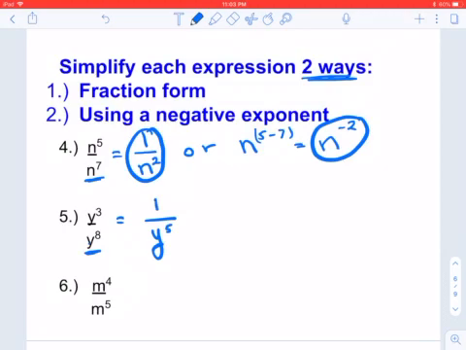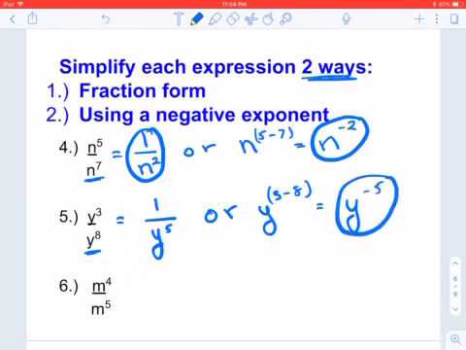And then we need to have a 1 in the top. So we could write it that way. Or we could take y to the 3 minus 8 power, subtracting them in order, top one minus bottom one, which is going to give us y to the negative 5th power. So y to the negative 5th power is the same thing as 1 over y to the 5th.